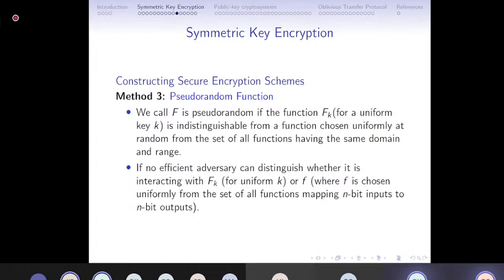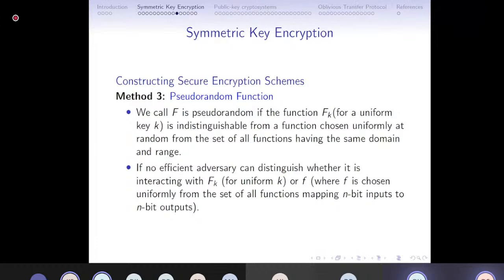Again the question comes, what is a pseudo random function? Suppose there is a function which simply takes a key k and converts an n-length input to an n-length output on the key k. So this is our function capital F. On the other hand, we have a set of functions which convert n-length input into n-length output without using a key.